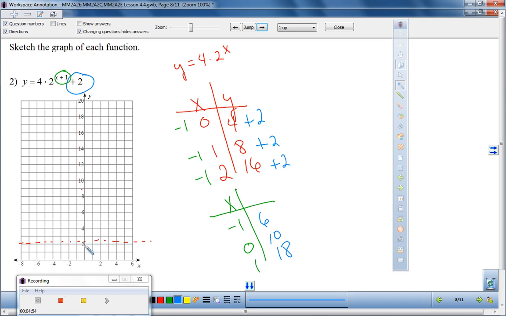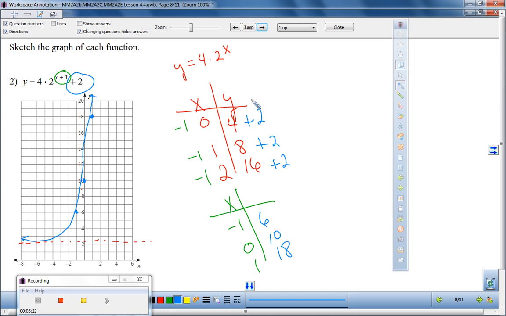Okay, so here we go over to -1. Okay, and then we go up to 6. Okay, then at 0 we're up at 10, and at 1 we're up at 18. So, and remember, we're going to draw our graph, and it's going to come down like this, and then go up.